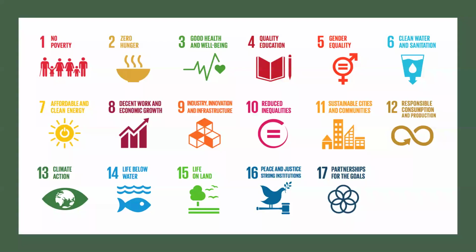The number one goal is no poverty, then zero hunger, good health and well-being, quality education, gender equality, clean water and sanitation, affordable and clean energy, decent work and economic growth, industry, innovation and infrastructure, reduced inequalities, sustainable cities and communities, responsible consumption and production, climate action, life below water, life on land, peace, justice and strong institutions, and then partnerships to achieve these goals.